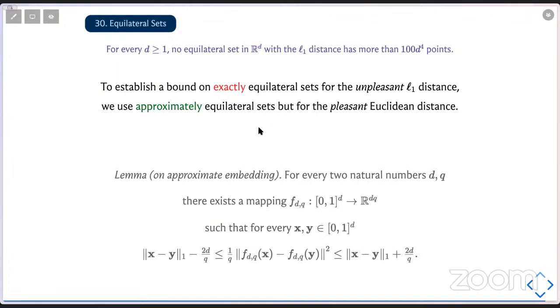We're going to say, well, suppose you give me a very large equilateral set, a very large set which is equilateral under the L1 norm, right? Then I'm going to use that very large set to go to a very large set that's approximately equilateral under the Euclidean norm. And now that we know cannot happen. So that's the plan.